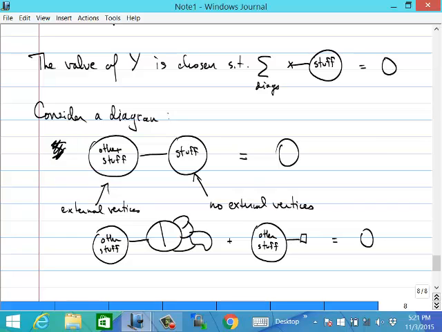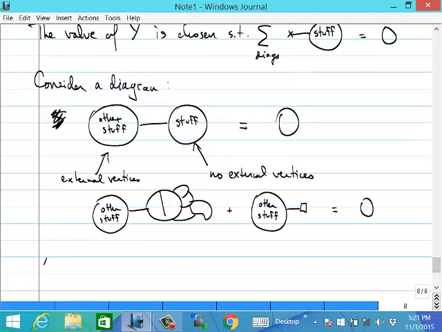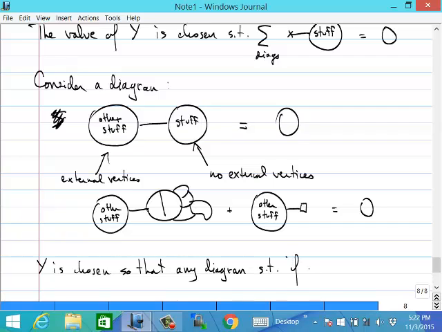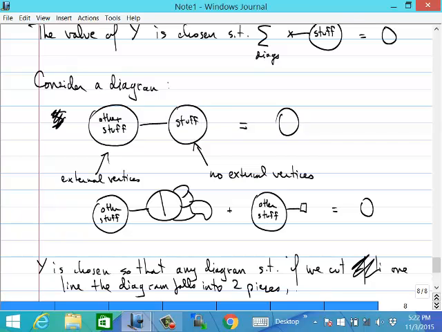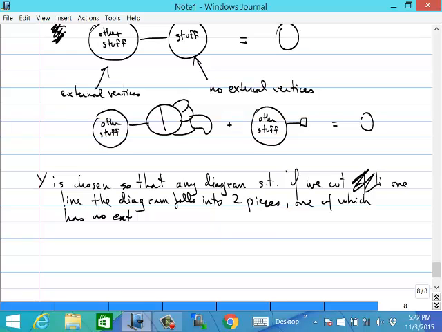So just to say that in words, y is chosen so that any diagram with the property that if we cut one line, the diagram divides into two pieces, one of which has no external sources, then that diagram vanishes.